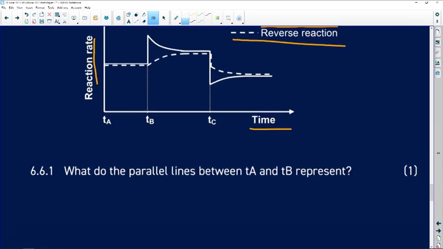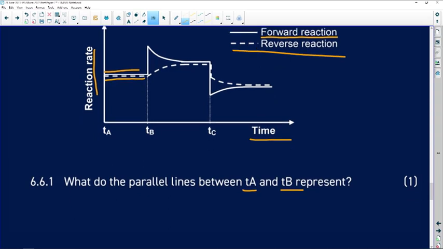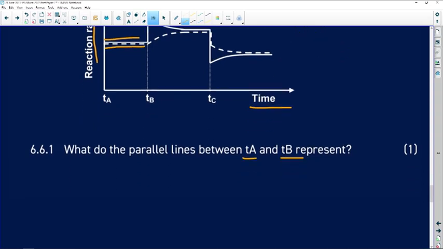What do the parallel lines between TA and TB represent? They represent that the rate of the forward and the reverse reaction are equal.